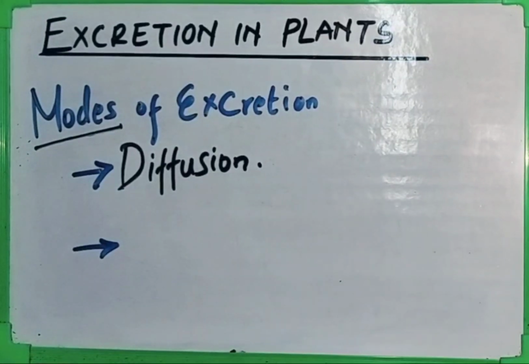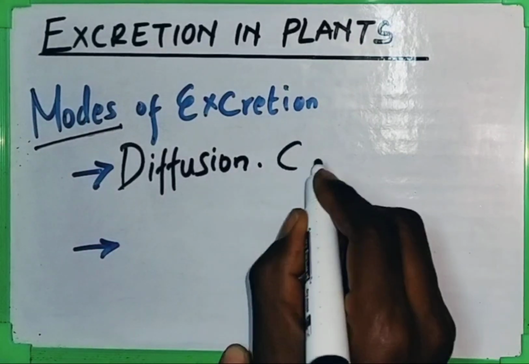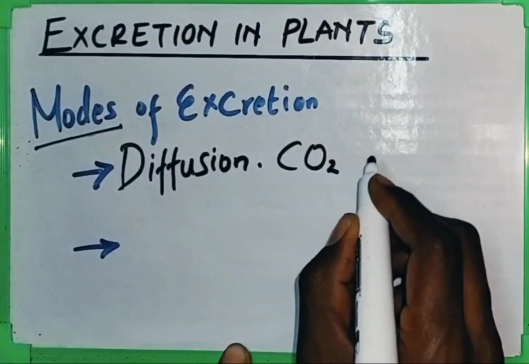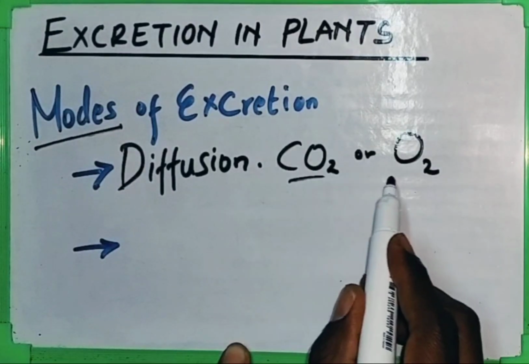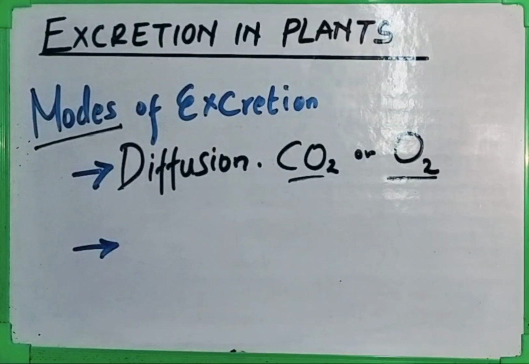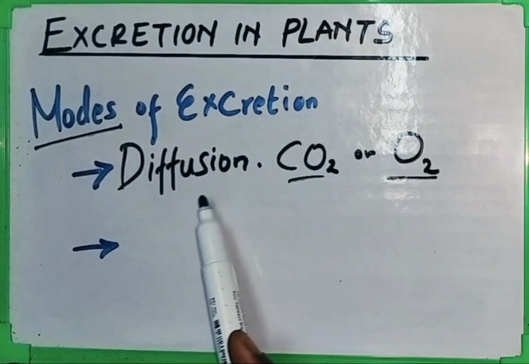This is a mode of excretion that takes place when you are excreting gaseous wastes, for example carbon dioxide, CO2, or oxygen. These are gaseous excretory products which will be removed by the mode we call diffusion.